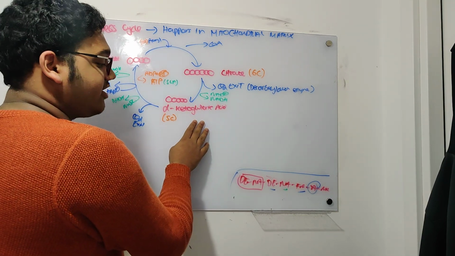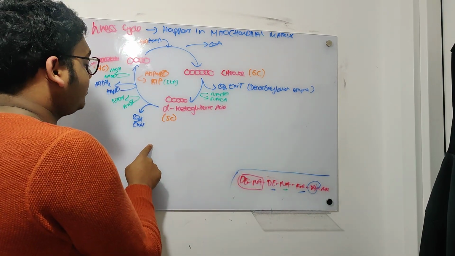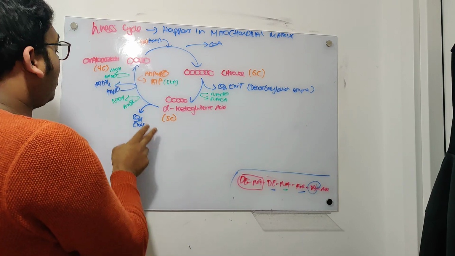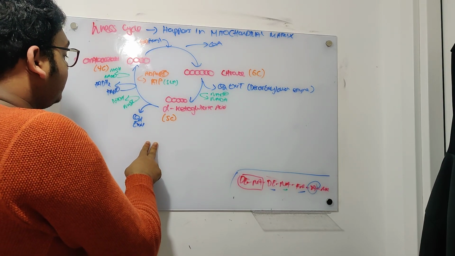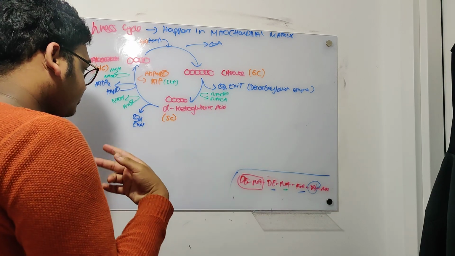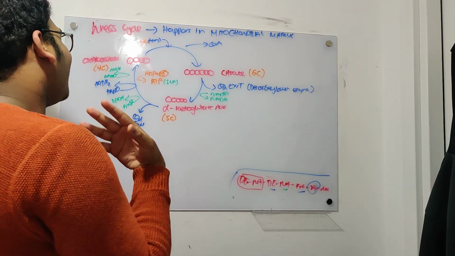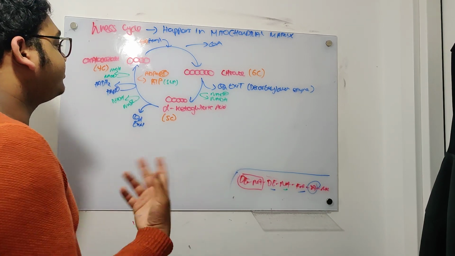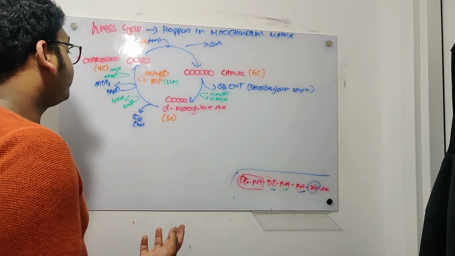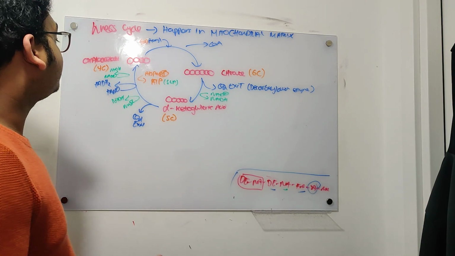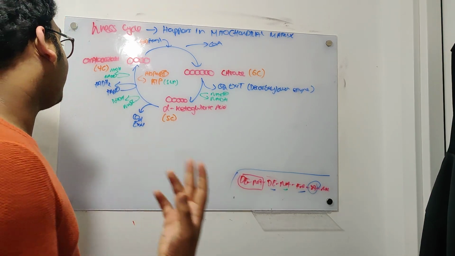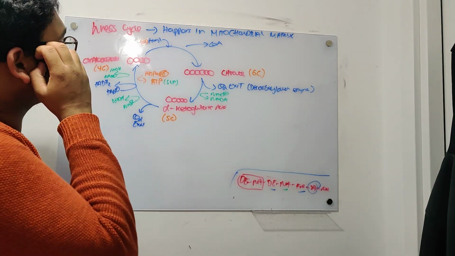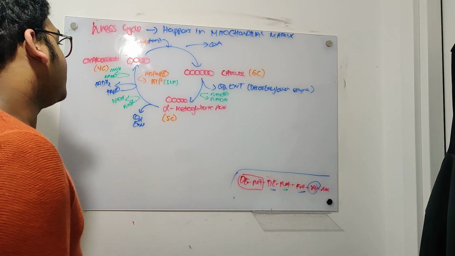Ketoglutaric acid is once again decarboxylated. It also triggers the conversion of NAD plus to NADH, which is its reduced form. It also causes FAD plus to be reduced into FADH2, and another molecule of NAD plus is also reduced to NADH.